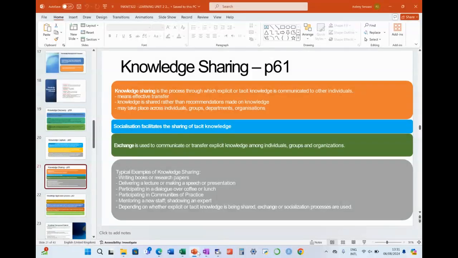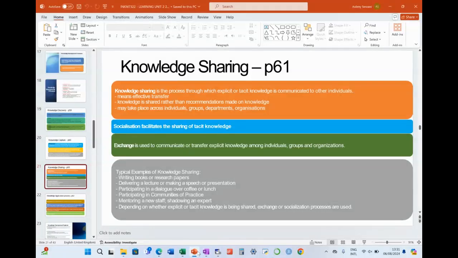Remember, we said explicit knowledge is documented. So when I send you an email about a process or certain information, I will have an attachment. Can you see that's something that's documented? That's what they're talking to when they say exchange.